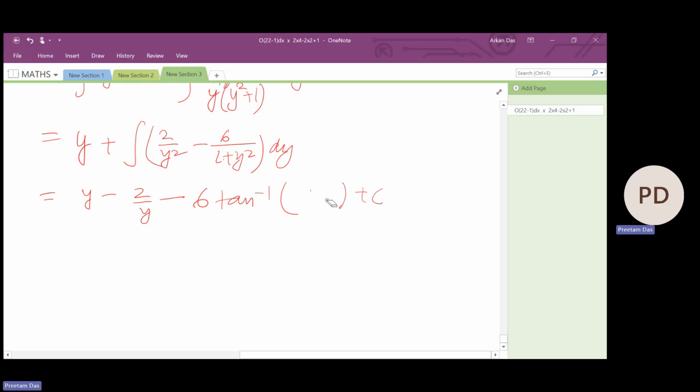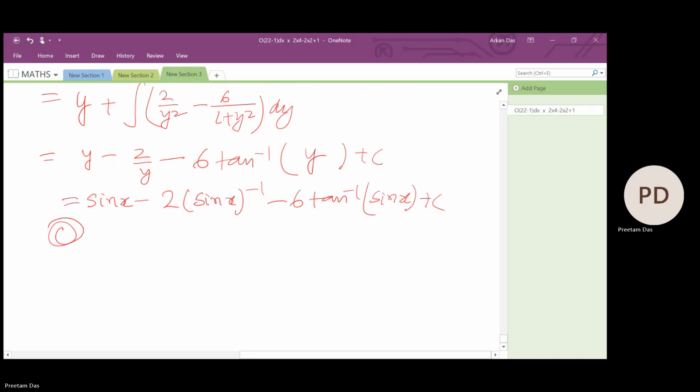Sorry, I should not substitute it directly. So sin x minus 2 sin x inverse, writing it in terms of the options, plus c. Which option? Option C.